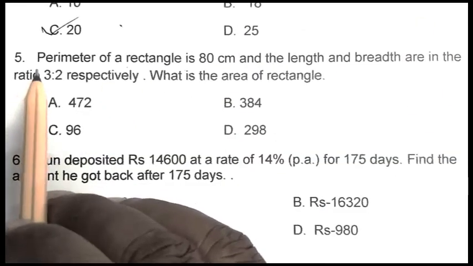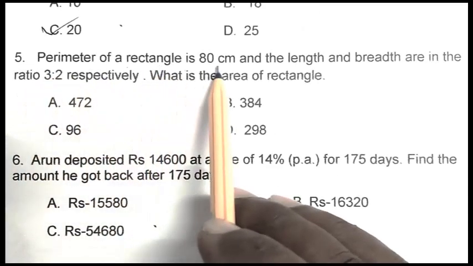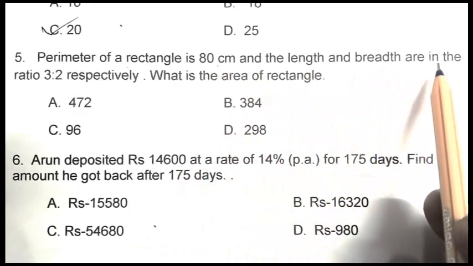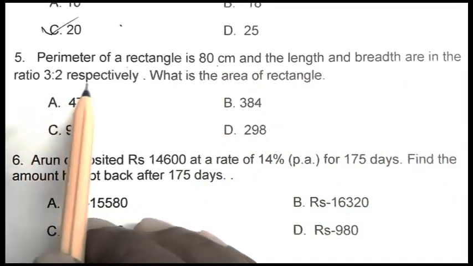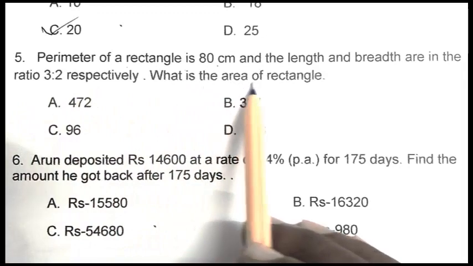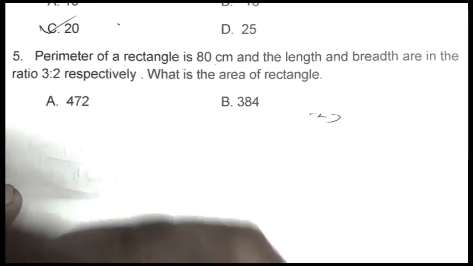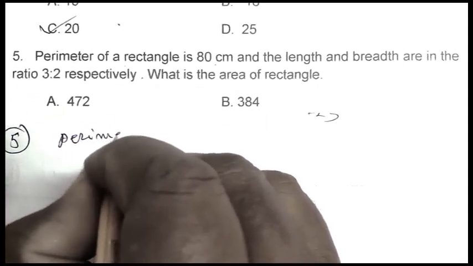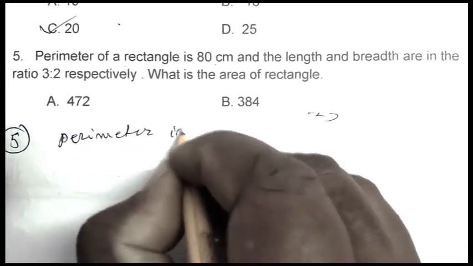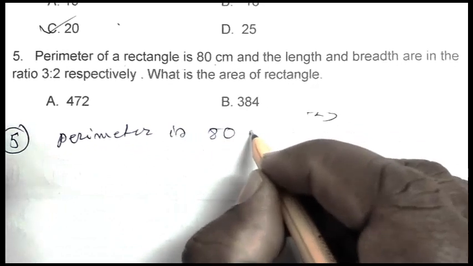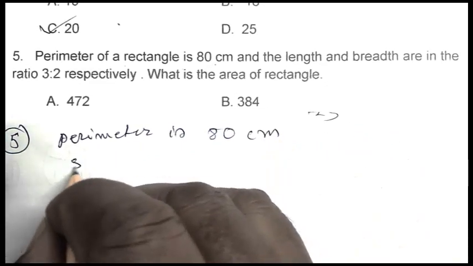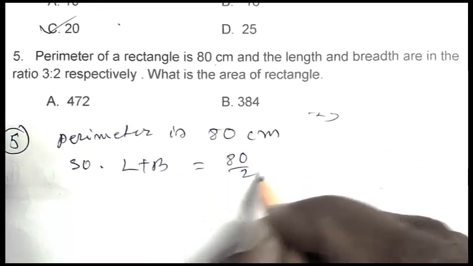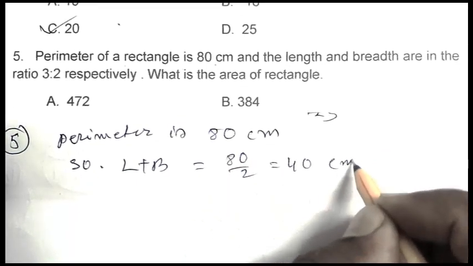Question number 5. The perimeter of a rectangle is 80 centimeter. The length and breadth are in the ratio 3:2 respectively. What is the area of the rectangle? The perimeter is 80 centimeter, so length plus breadth equals 80 by 2, that is 40 centimeter.